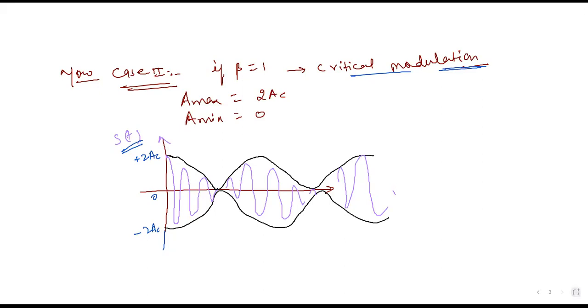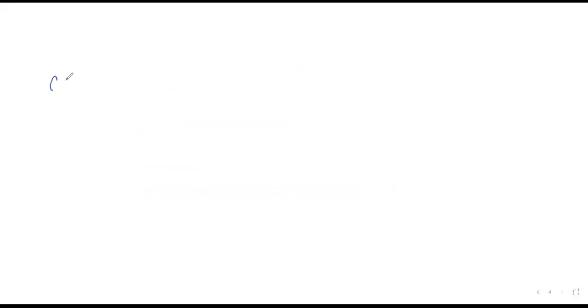Okay. Now case third. If beta is greater than 1, this is called over-modulation. This is your over-modulation case. Now what will actually happen in the over-modulation case?